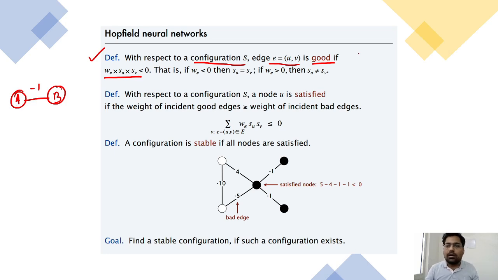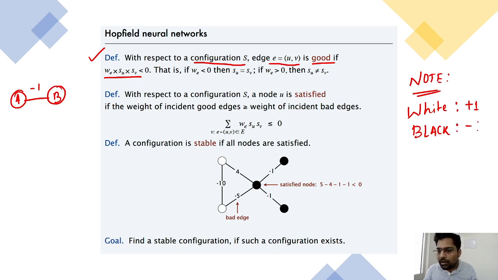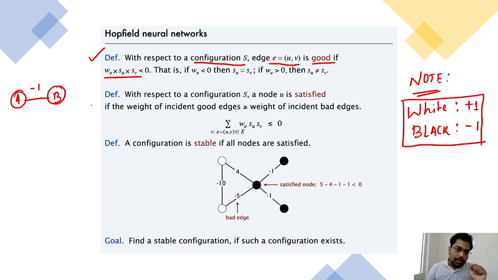If it is white, I'm writing a note here so you can easily understand: if it is white in color, think of it as +1. If you change it, definitely the value will change. So keep this in mind, I'm keeping the color and just changing the state basically. Here the value inside is white.